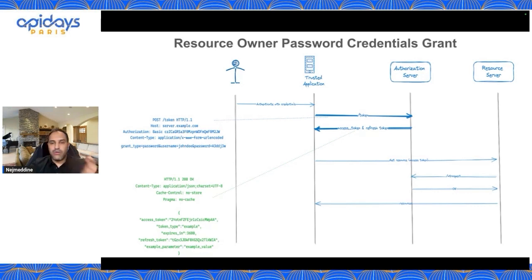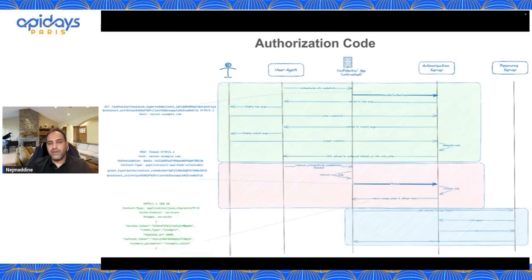One more thing that is different compared to the client credential is that you can have the refresh token. So in this case, you will receive from the authorization server the access token and the refresh token.